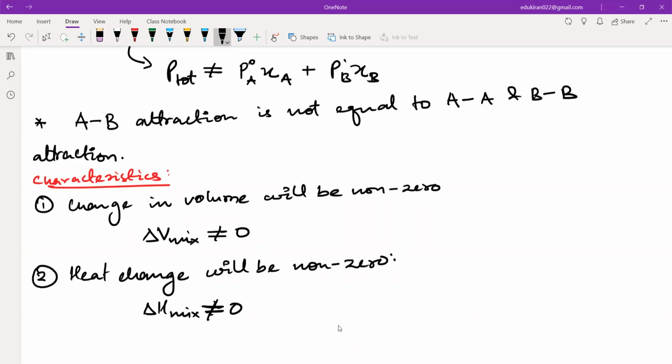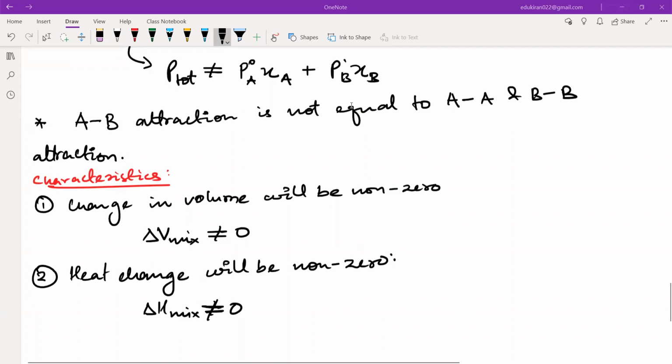Now we will look at the types of non-ideal solution. It can be positive also.